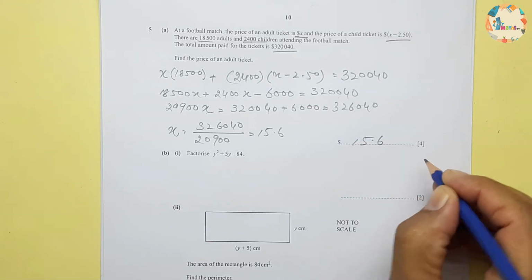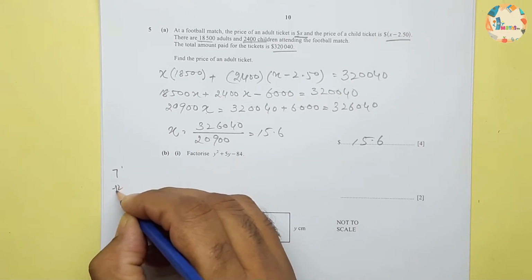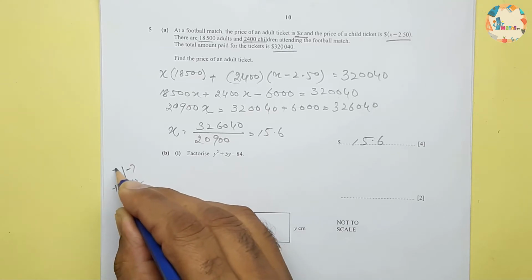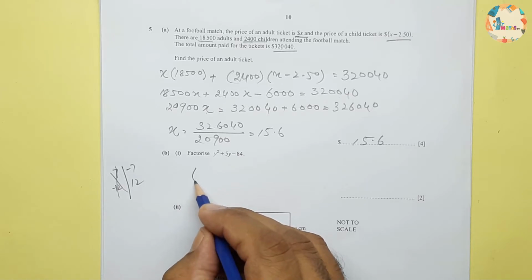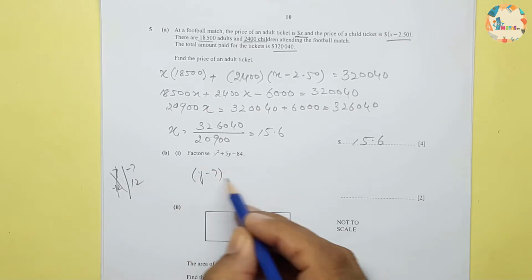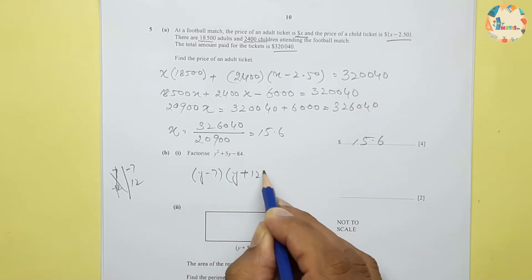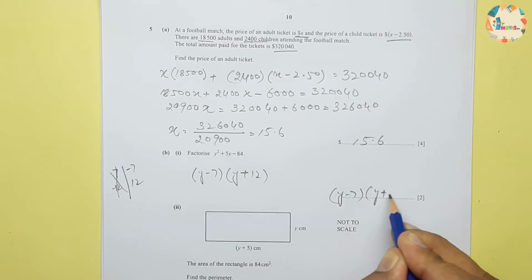So we got the values 7 and minus 12, so we will change the signs. This will be minus 7 and 12. We will cancel these, and we can write over here y minus 7 and y plus 12. This will be our answer, y minus 7 and y plus 12.